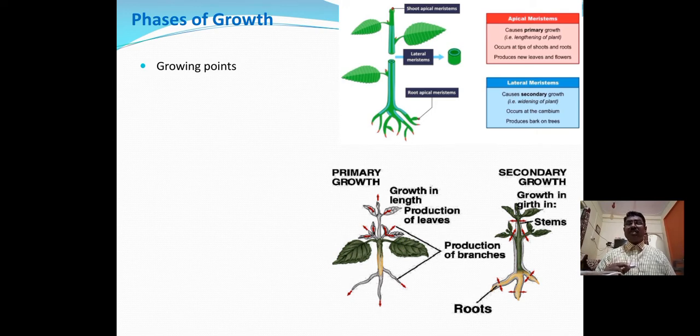This region has meristematic cells and is called a meristem. So there is the apical meristem at the tip of the shoot, and the root meristem, that is the apical region of a root. The root meristem and the shoot meristem, or stem meristem, are where growth is very fast.